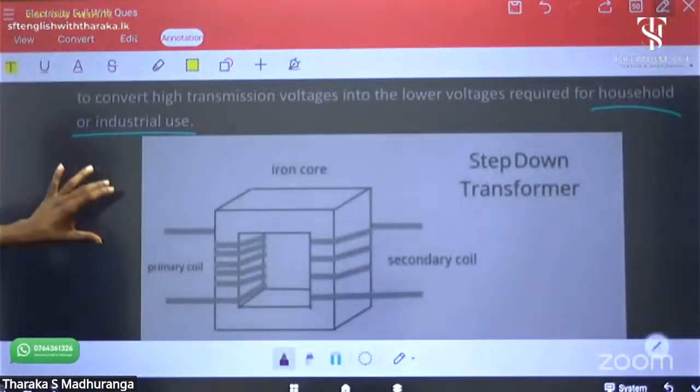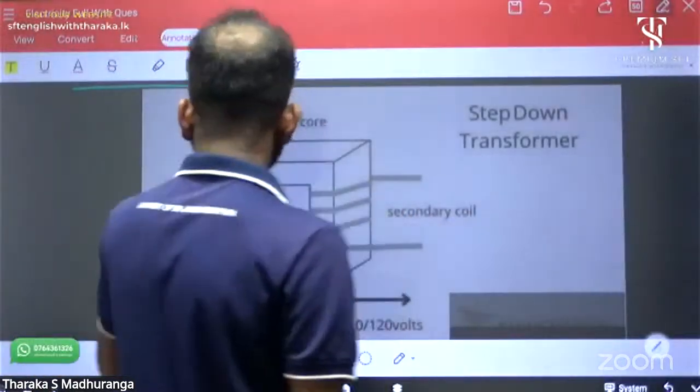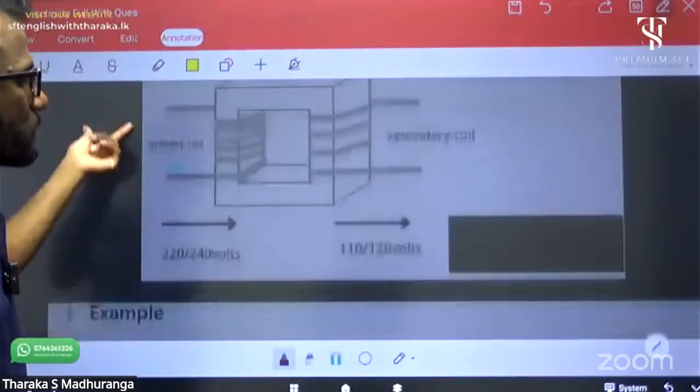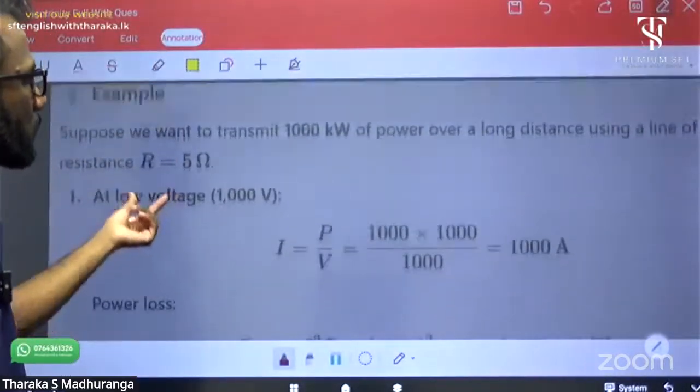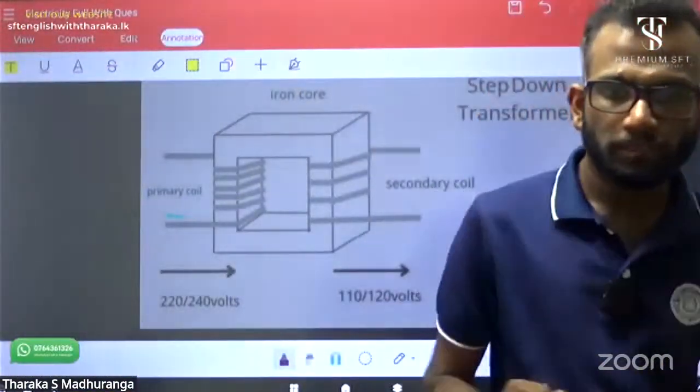Okay, that's the shape of a step down transformer. The primary coil number of turns is greater than the secondary coil. Okay, are you good up to now?